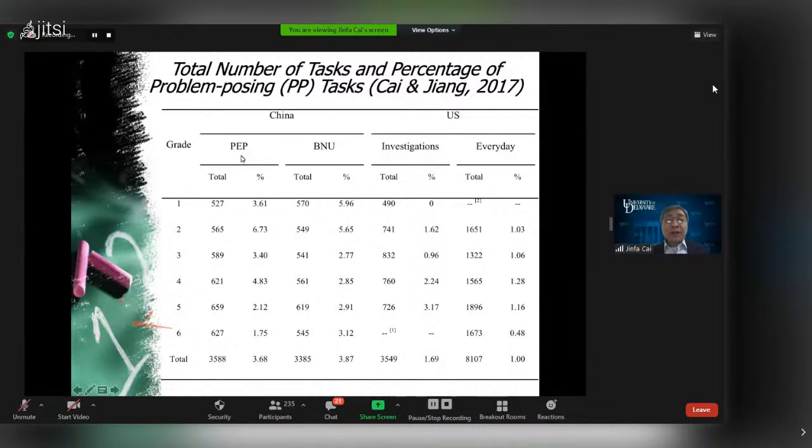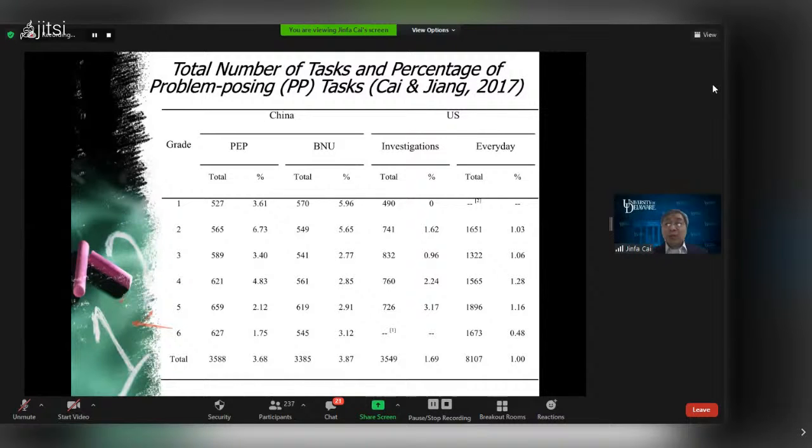PEP is one set of textbooks in China. BNU is another set of curriculum in China. Investigations is one of the textbooks in the USA, and Everyday is another set of elementary school math textbooks in the USA.